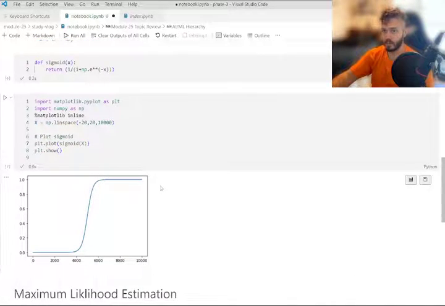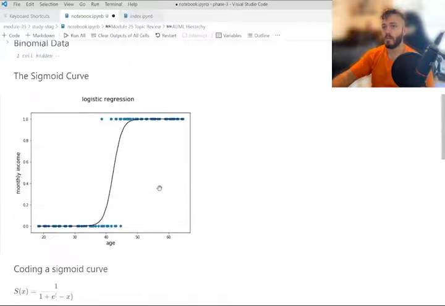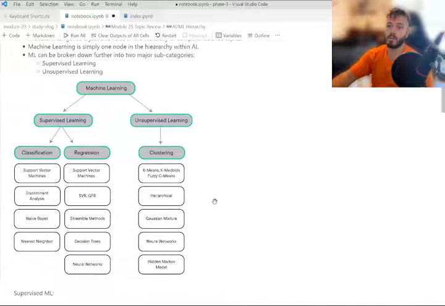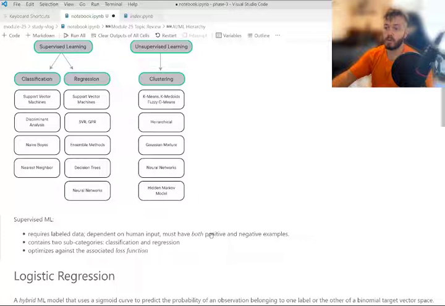A little bit of Python code for you if you're interested in it. Oh, I forgot to mention, supervised learning requires labeled data, and you need not only positive examples but also negative examples, right? Back to the dog and muffin example, you need something that looks like a dog but isn't a dog, and you need it to be labeled appropriately.